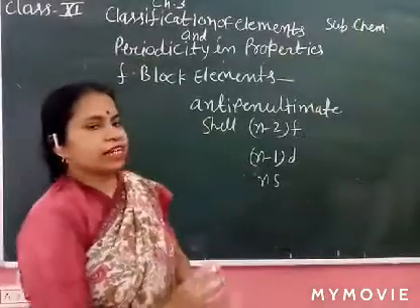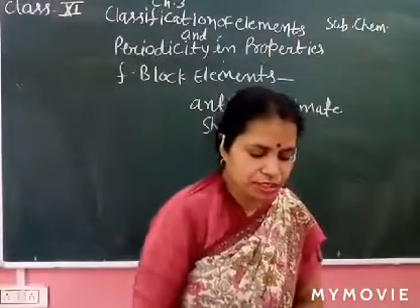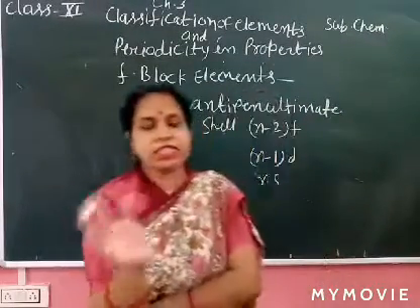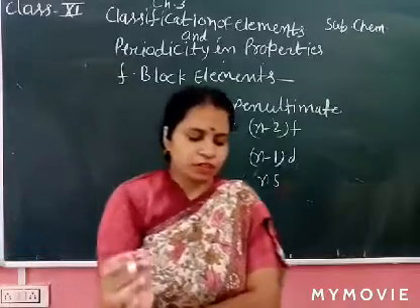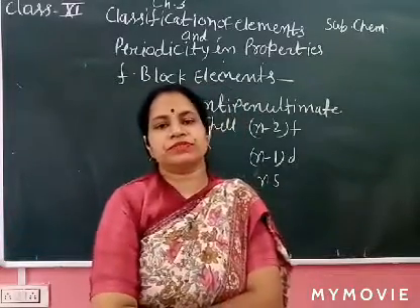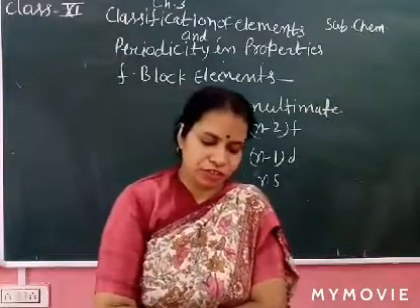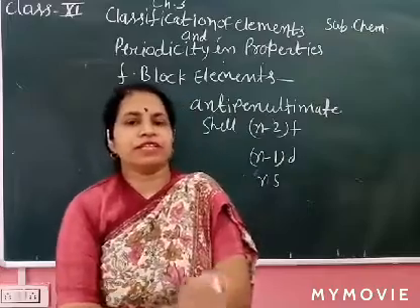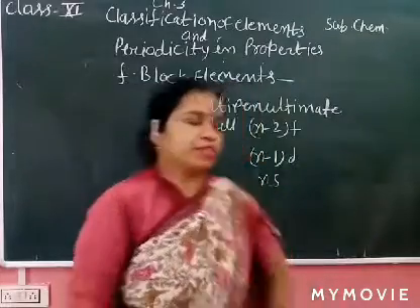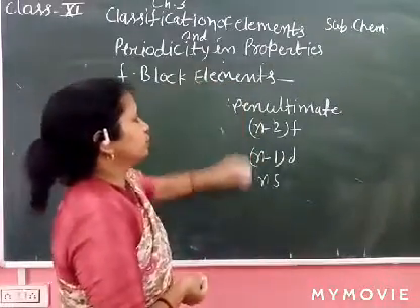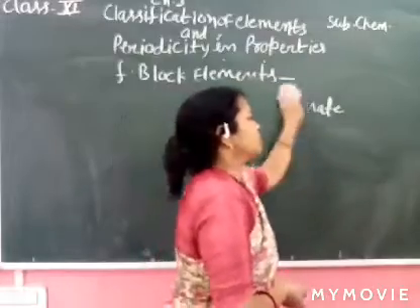These are called the f block elements. Clear? These are placed at the bottom of the periodic table. Lanthanoid and actinoid: f block elements are of two types, two series.